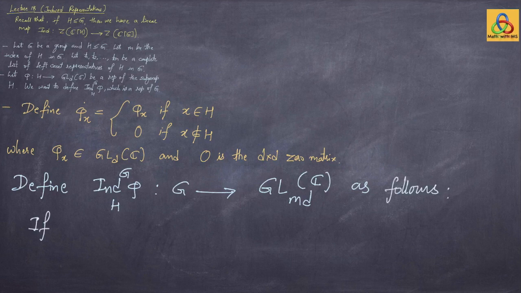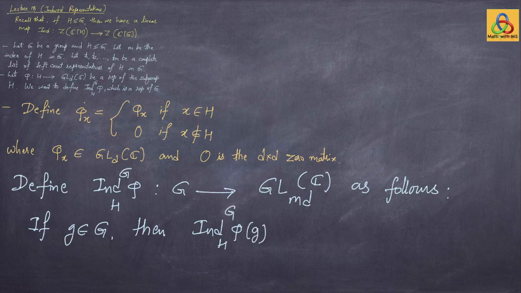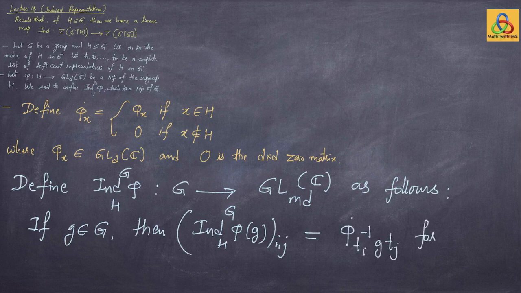If little g is a group element, then define its ij-th block, which is a d by d block, as follows. Set it as phi dot of Ti inverse g Tj, for i and j bigger than or equal to 1, less than or equal to m.